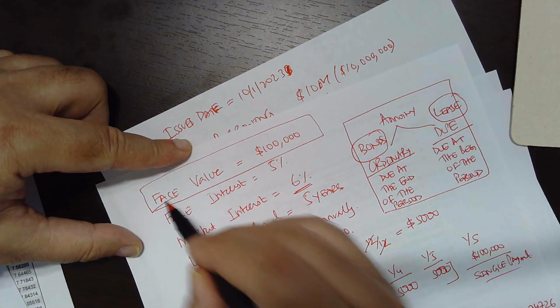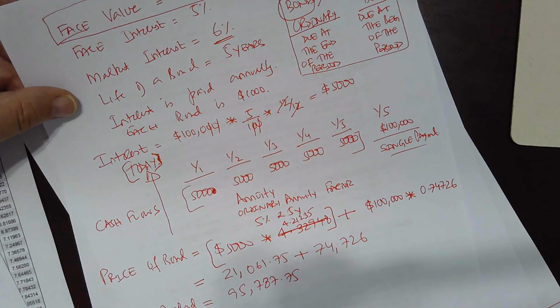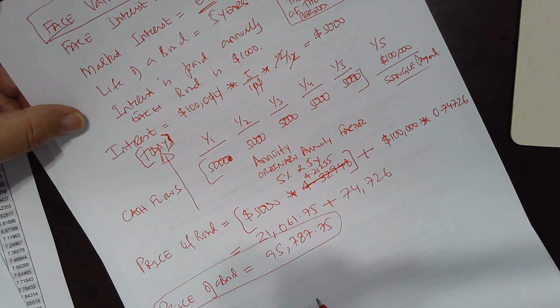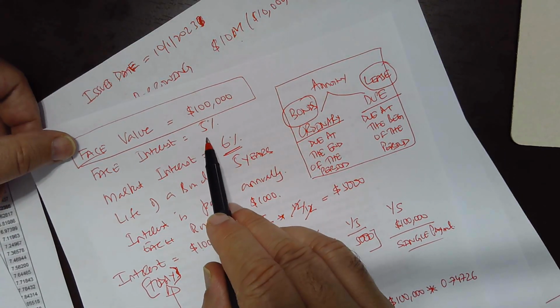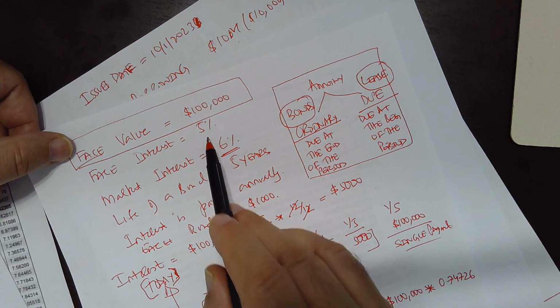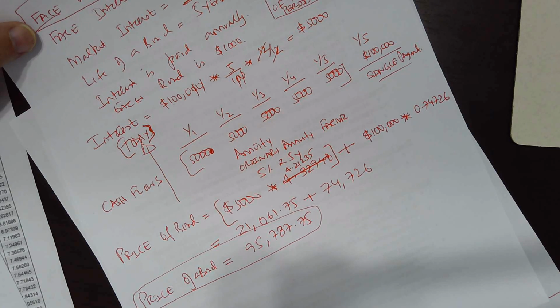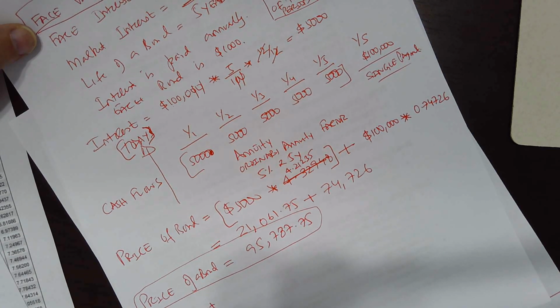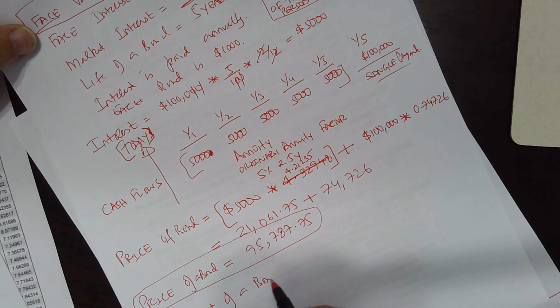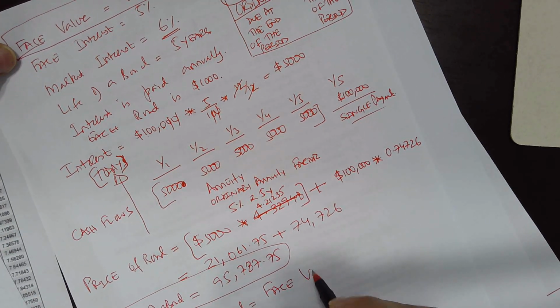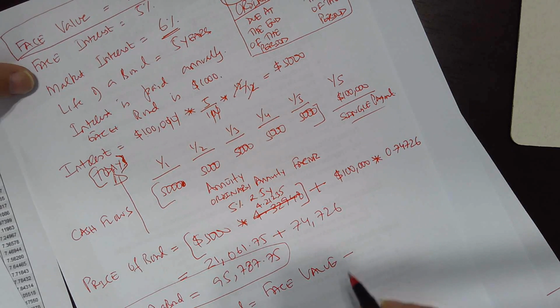As you can see, the face value of the bond is 100,000, and the price of the bond is 95,787.75. So we are selling at a discount because the face interest we are offering is 5% and the market is offering 6%. The discount of a bond is equal to face value minus price of bond.